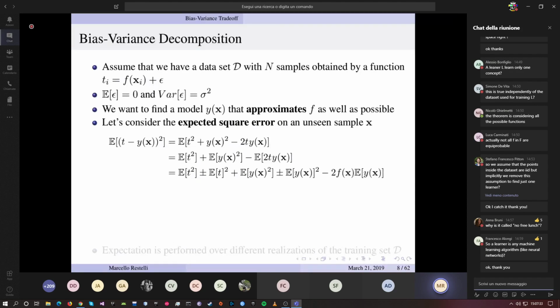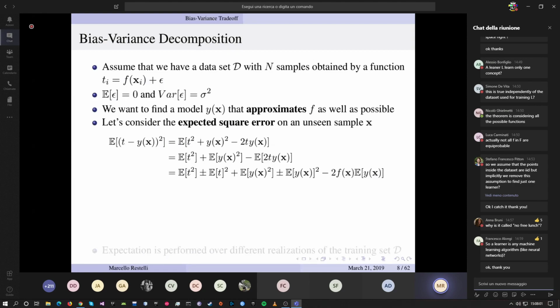So as you can see here, I have the expected value of t square plus and minus, I'm adding and subtracting in order to not vary the equation, the first moment square, and then I do the same trick, summing and subtracting the expected value of y squared. So I am doing this operation for highlighting the variances.